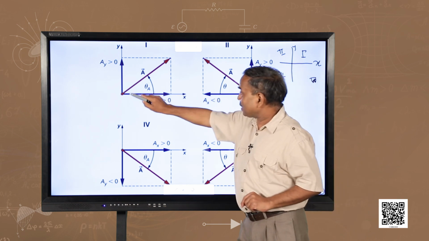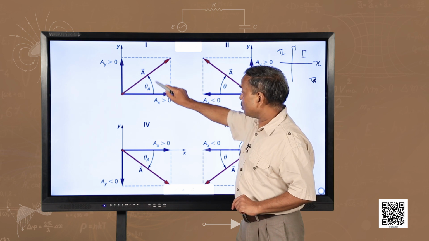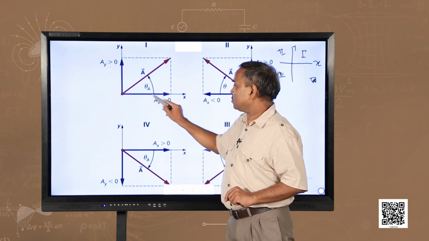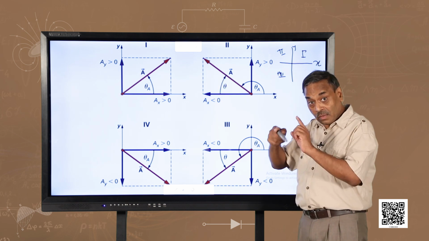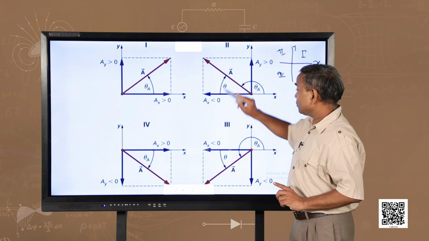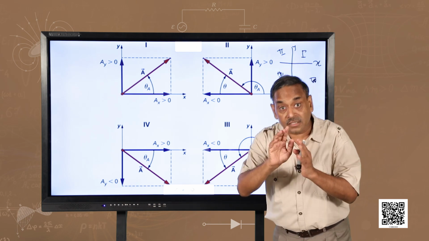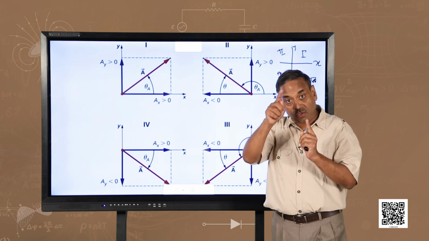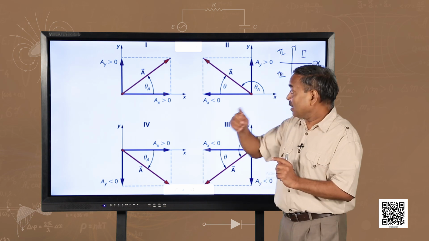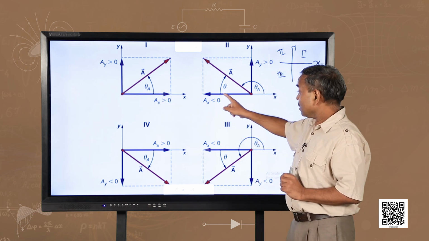Let us see, if a vector A looks like this, then its resolutions are like this. So Ay is greater than 0, Ax is greater than 0, and if this vector A lies in the second quadrant like this, then this angle theta. Remember friends, this angle theta is a vector quantity, you will turn it, because it can be clockwise or anti-clockwise. Remember here it is anti-clockwise, here it is clockwise.